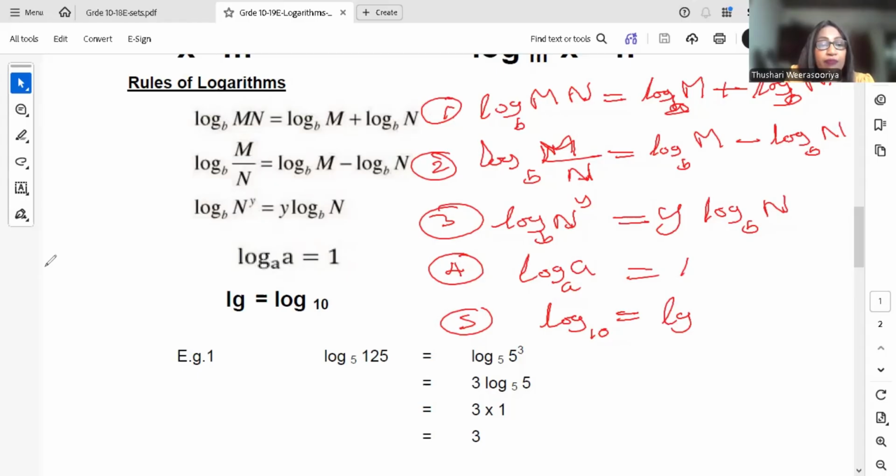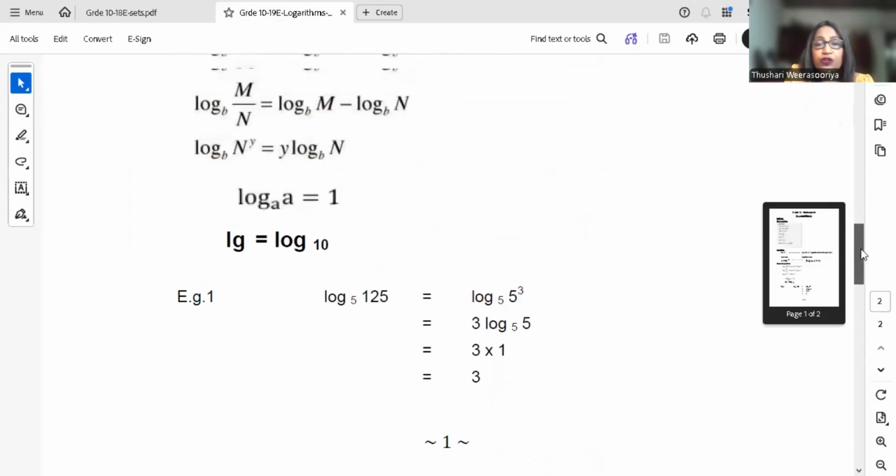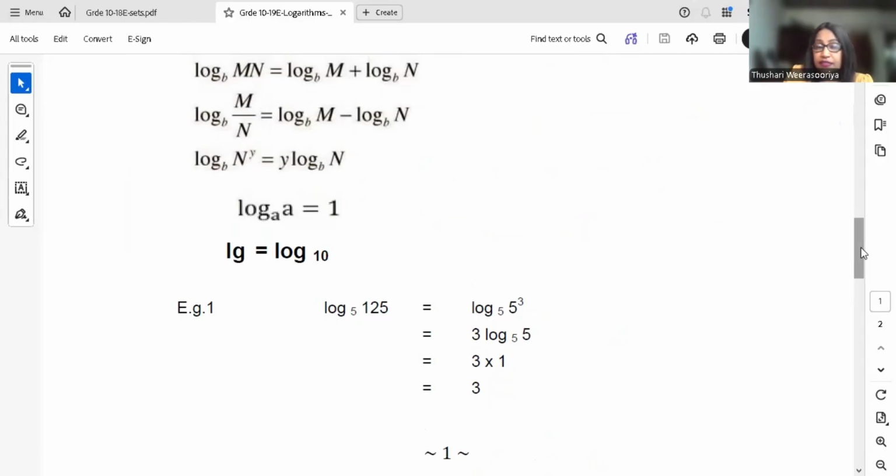Now we'll do some sums using these rules. Look at the first example. Logarithmic term. How do you solve the logarithmic term using rules? Log base 5, logarithm of 125 to the base 5.